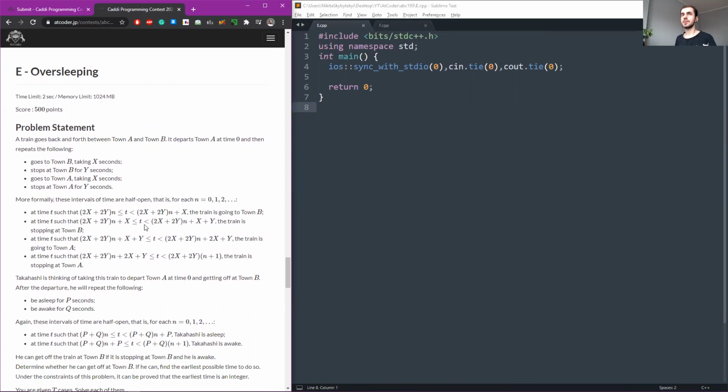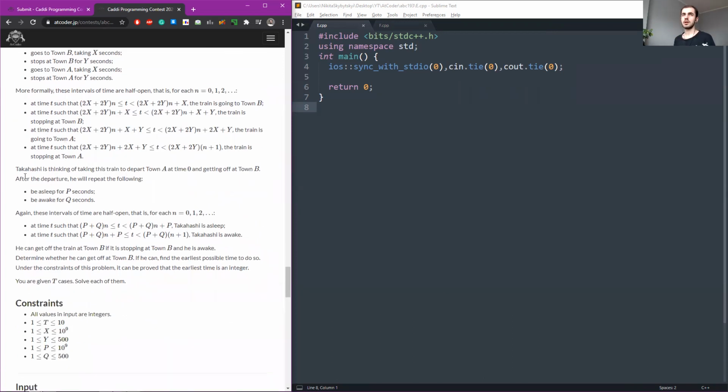Problem E, oversleeping. The train goes back and forth between town A and town B, departs from town A at time 0, and then repeats the following. Goes to town B taking X seconds, stops at B for Y seconds. Okay, so it moves for X seconds, stops for Y seconds, moves back, etc. Half open intervals, okay.